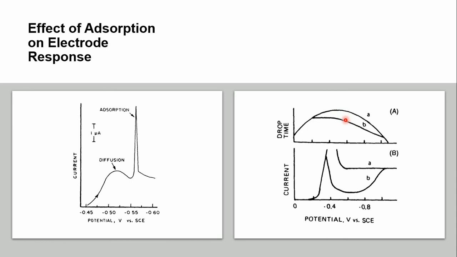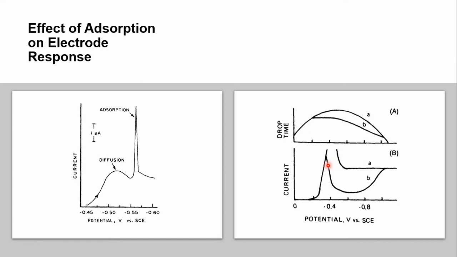The second one over here is a polarogram of the process, which is happening in 0.009 molar EDTA and 0.001 molar copper 2 ions in 0.1 molar acetate buffer. Again, when camphor is added, you can see a pronounced dip in the response of the electrode. So we can say that adsorption inhibits the response of the electrode in a process.